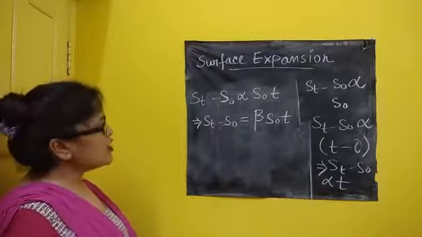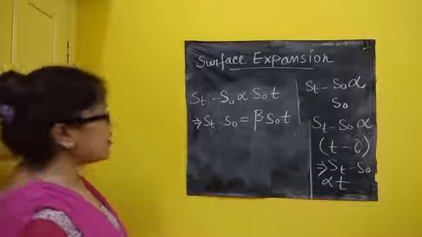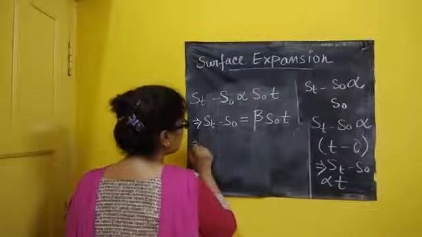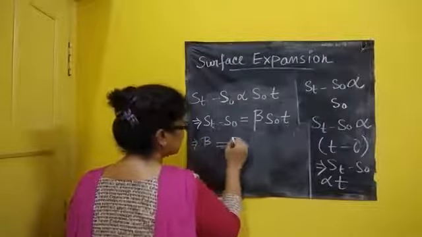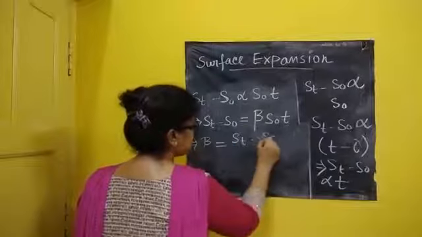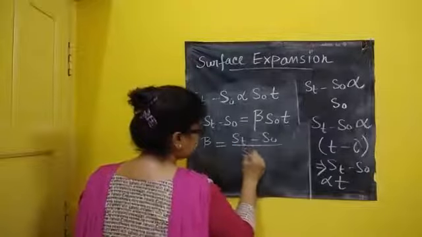Now again, this equation you need to remember. Beta is the ratio of the change in surface divided by S0 T.